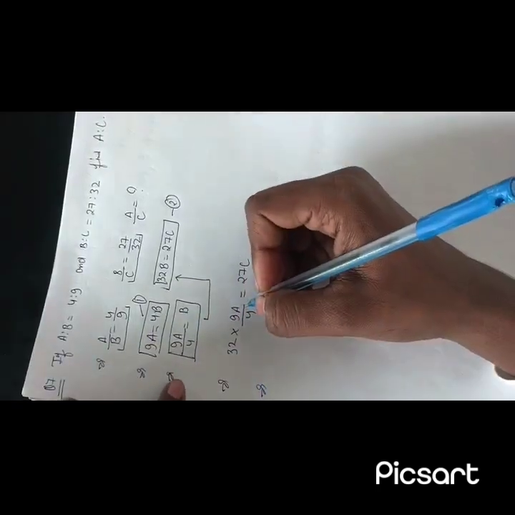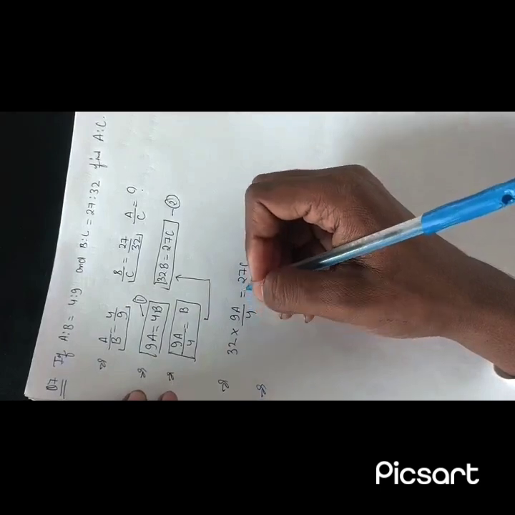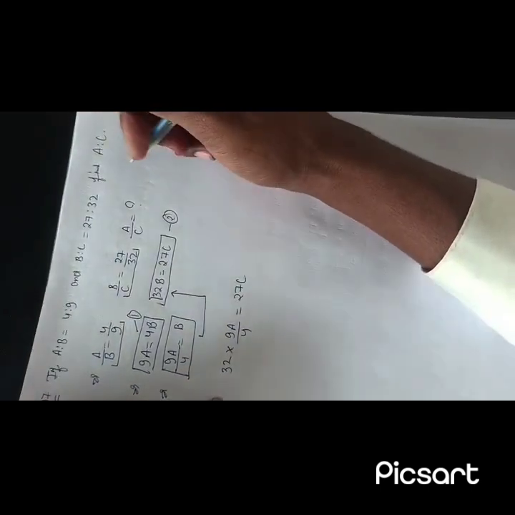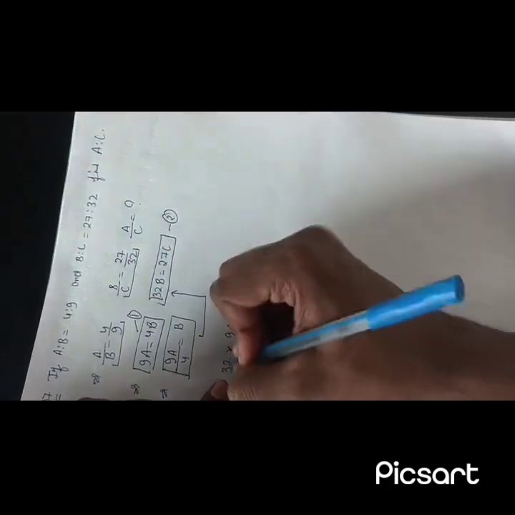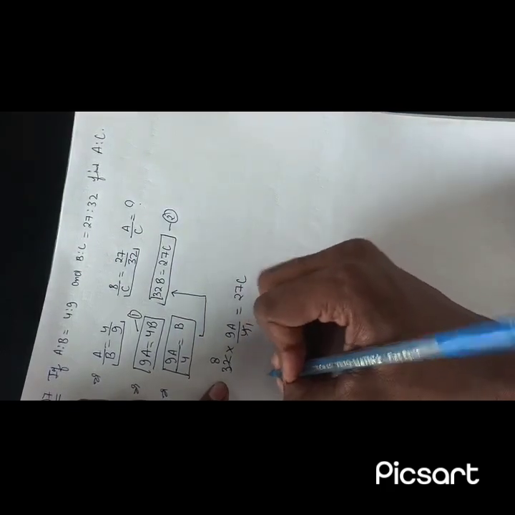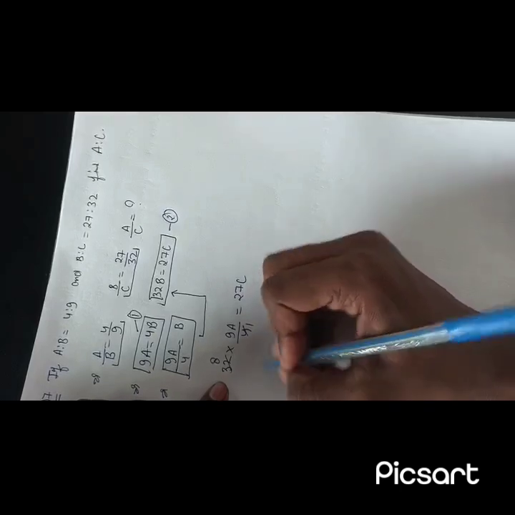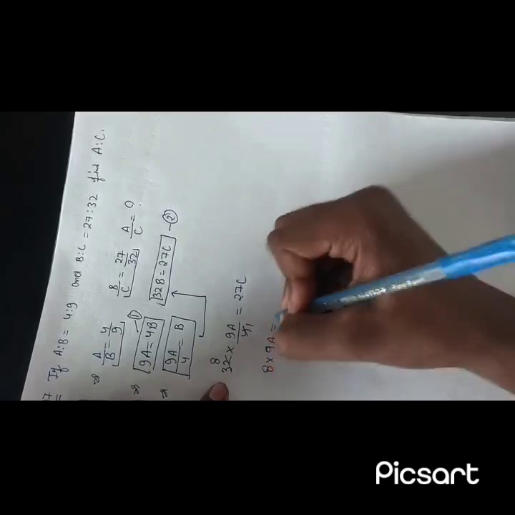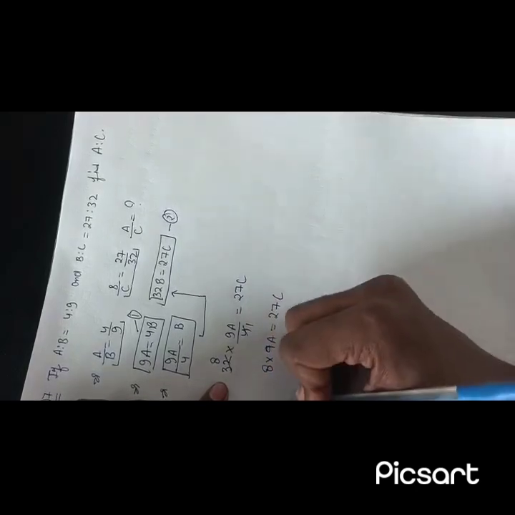From here, 4 on the 4, 4 8s are 32, that is 8 into 9a is equal to 27c.